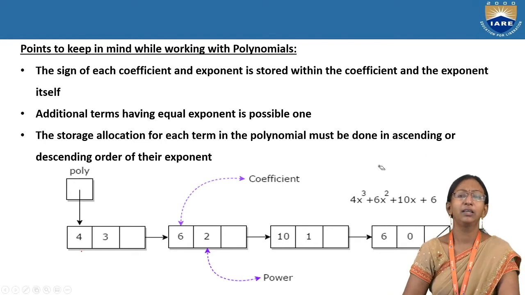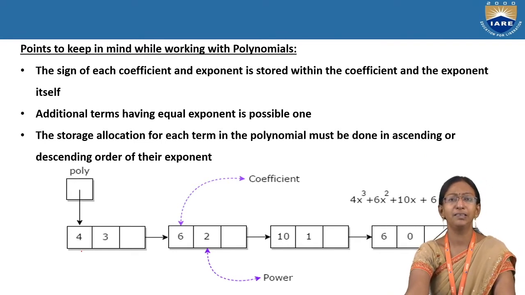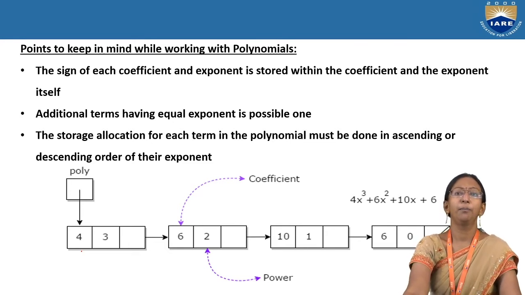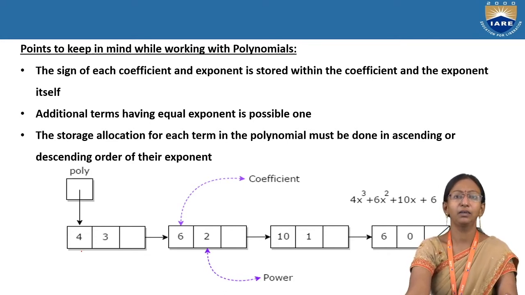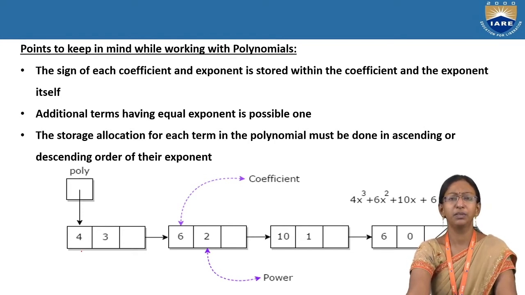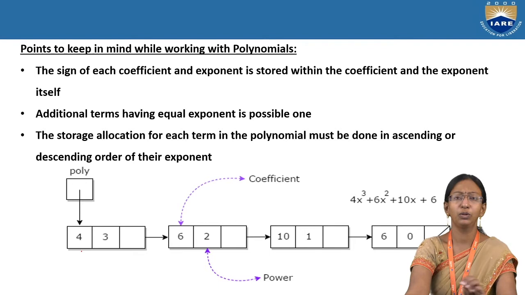In linked list representation, we are going to store them in two different nodes, unless we perform an operation saying that for the nodes whose exponent part is the same, add the coefficients and convert them into a single node. That becomes a different story, a totally different operation in itself.